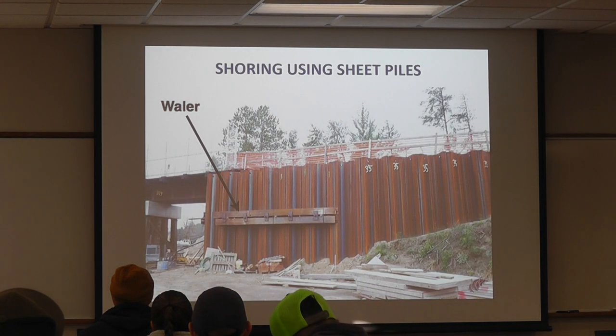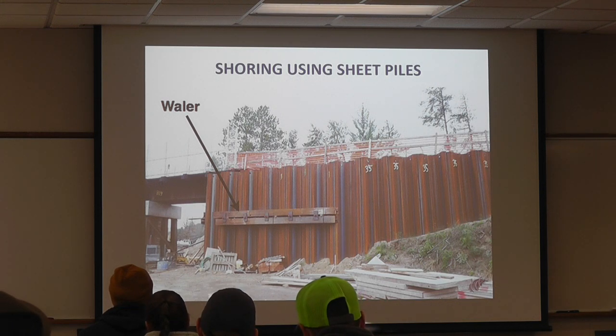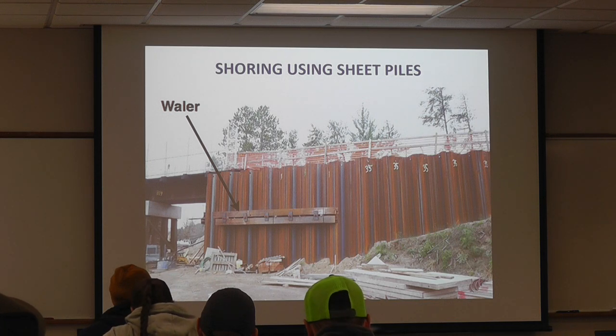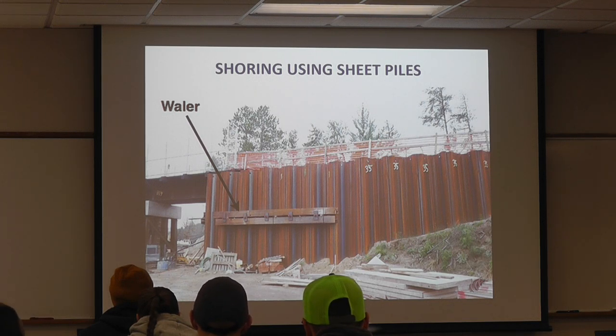Here's some pictures of shoring, and Andy actually had this similar photo, same bridge anyway. Shoring can be used to hold up the soils as the abutment is then constructed. This looks like it could be a staged construction where you build half of the bridge over here.